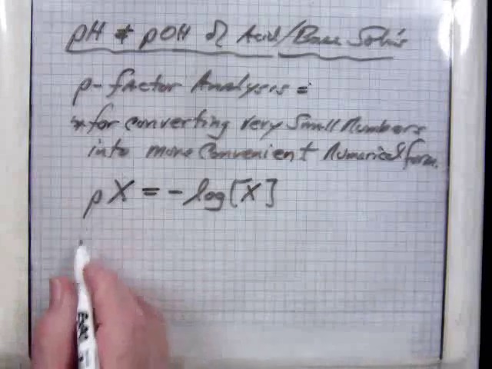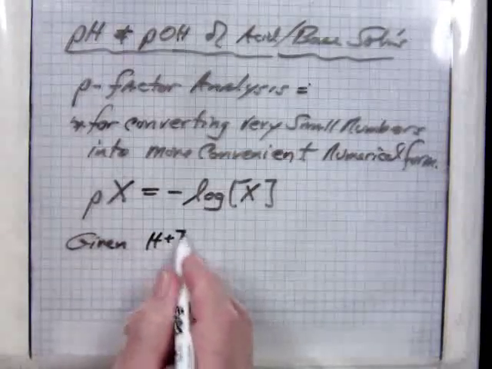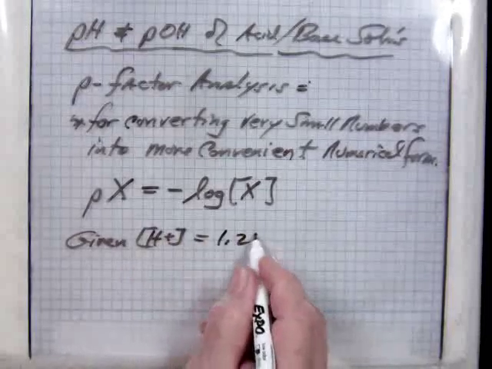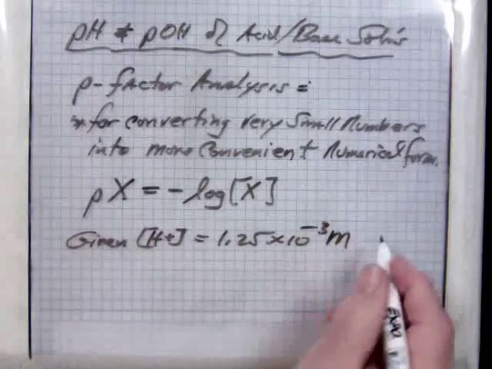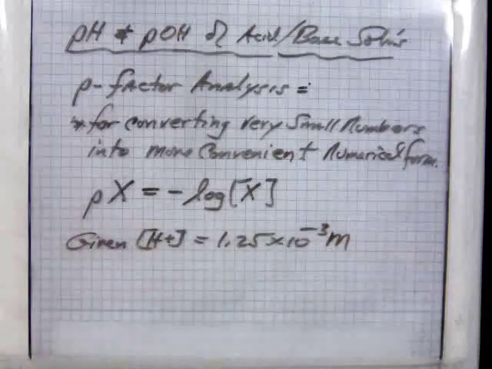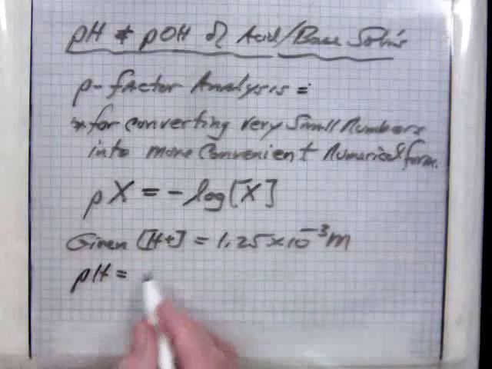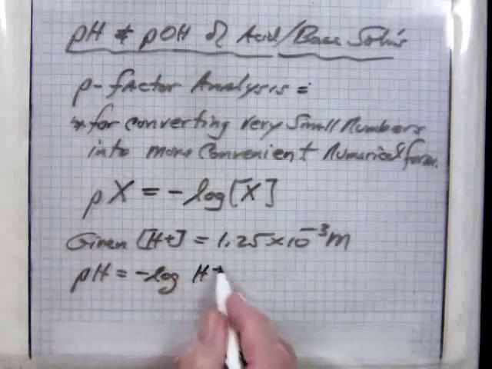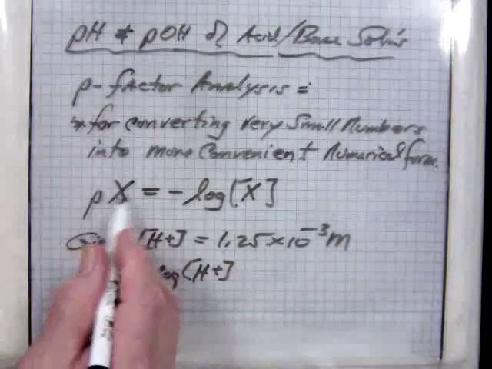So let's say you're given hydronium ion concentration to equal 1.25 times 10 to the minus 3 molar in aqueous solution. What's the pH of that solution? So simply pH is equal to the minus log of the factor that you're interested in, and that factor H is the X factor.